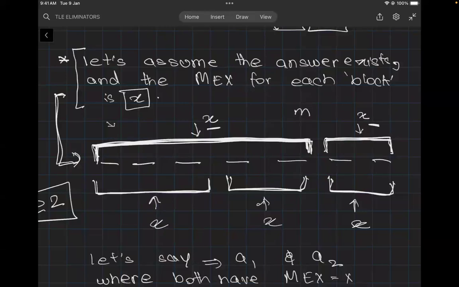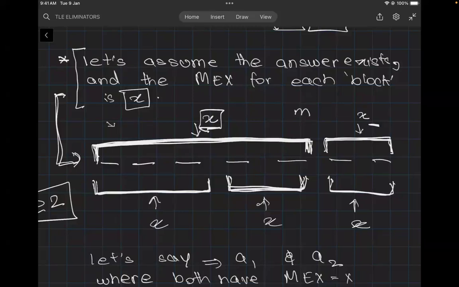Since these subarrays had max x and I merge them, the subarray still has max x. Is this much clear, guys? Put a yes in the chat if this much is clear. Somadeep says it is clear. What about others? Anand says it is clear.